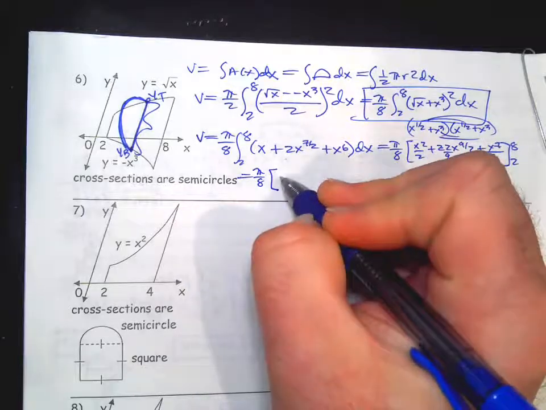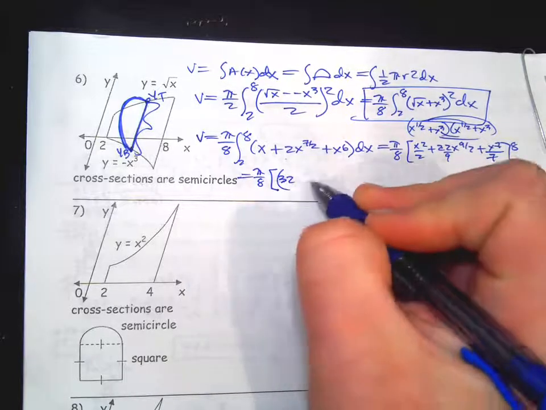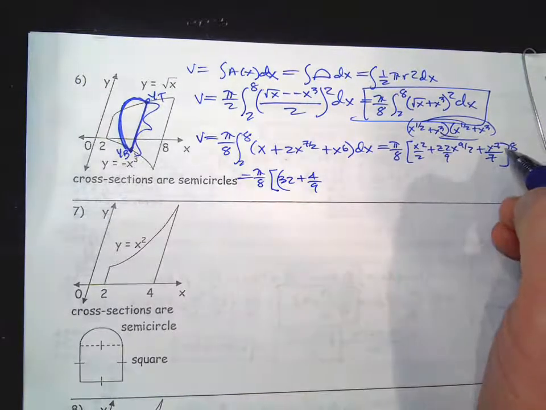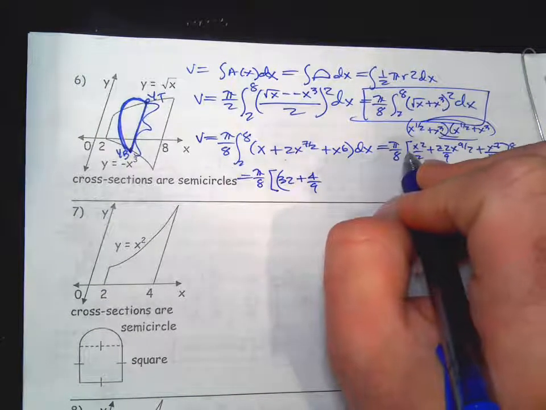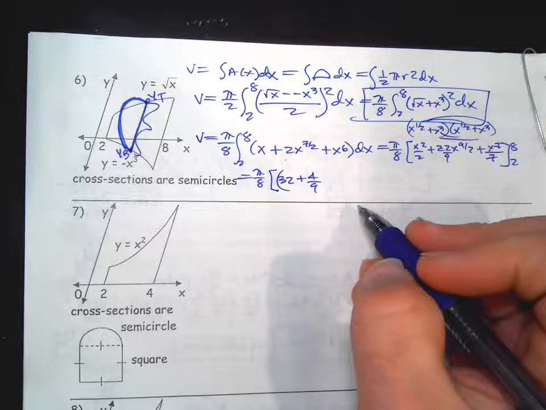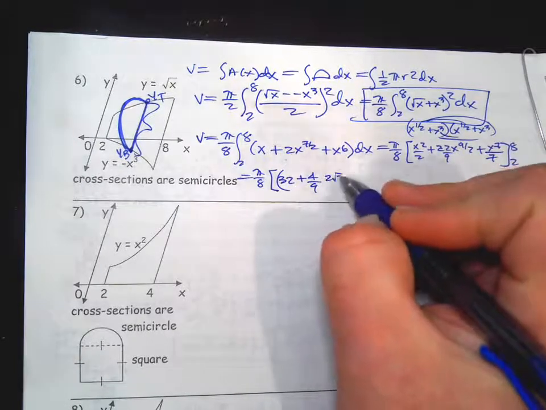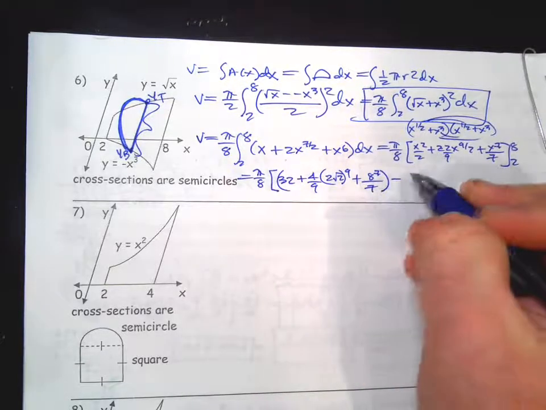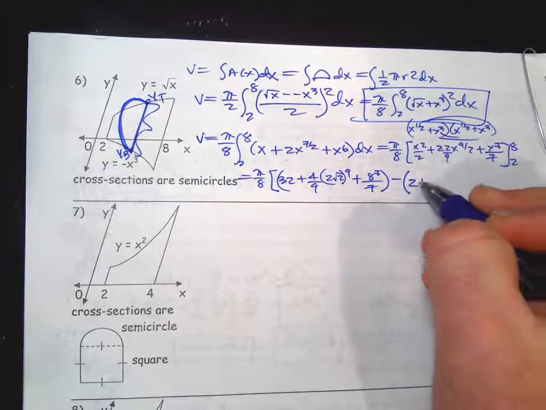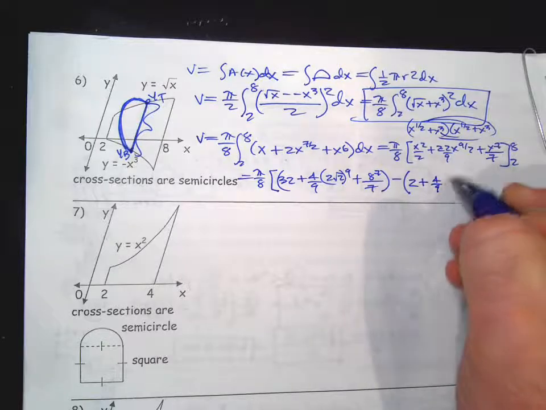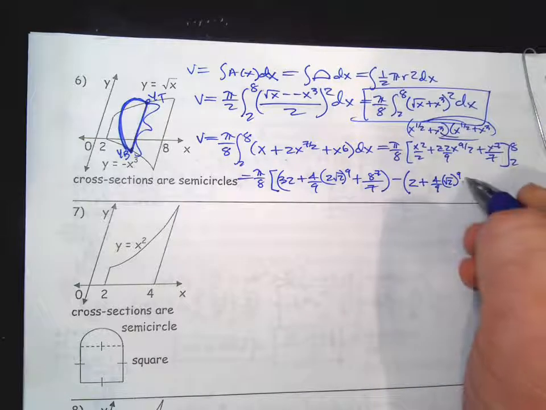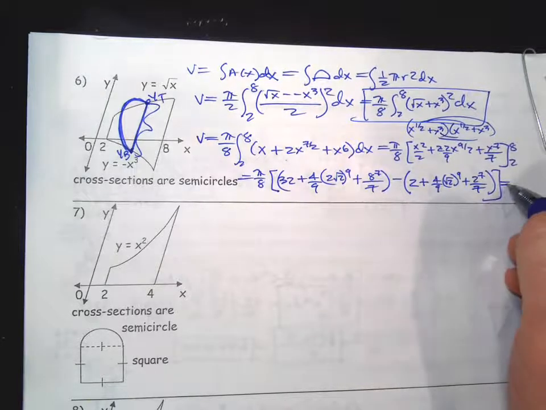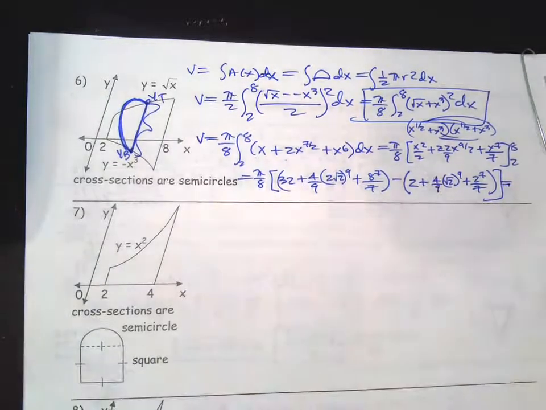It's going to be 64 over 2, which is 32, plus 4/9 square root of 8, which is 2 root 2, to the 9th power plus 8 to the 7th over 7. Minus, you plug 2 in, you get 2 plus 4/9 square root of 2 to the 9th power plus 2 to the 7th over 7. I'm not going to show any more simplification. I'm just going to let that go.